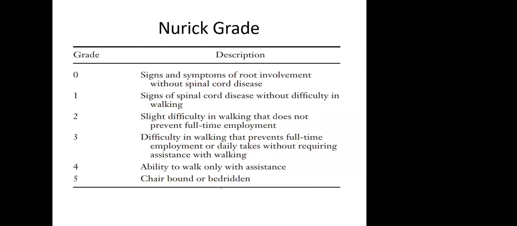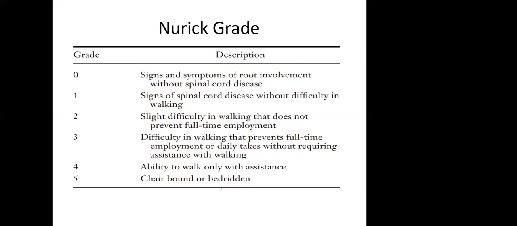Then after history and examination, we now have opportunity to adequately grade this. And Nurick grade is one of the grading systems used for this patient. However, if we look at this grade from 0 to 5, we'll see that this is basically assessing how this condition has affected the patient's gait, ability to walk, and ability to maintain an employment.